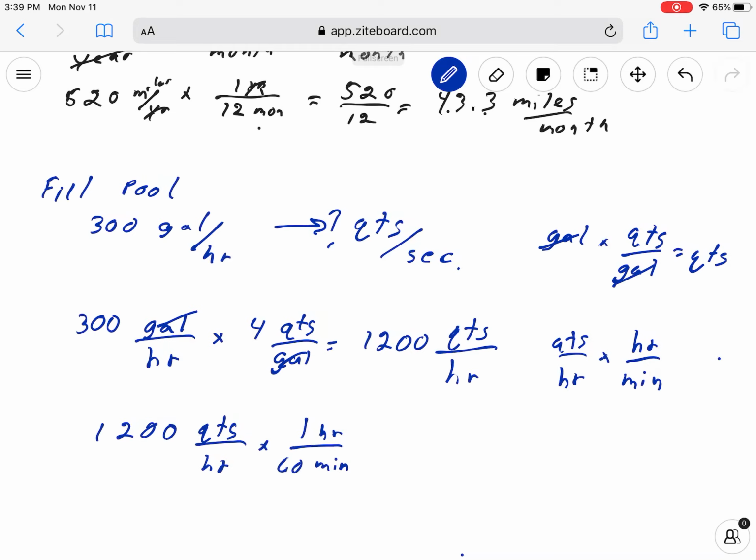Okay, so now that's going to give me 1,200 divided by 60 quarts per minute. And that's actually going to be 20 quarts per minute.